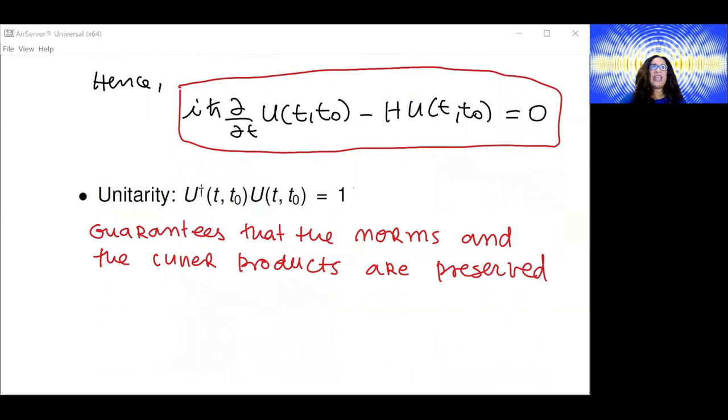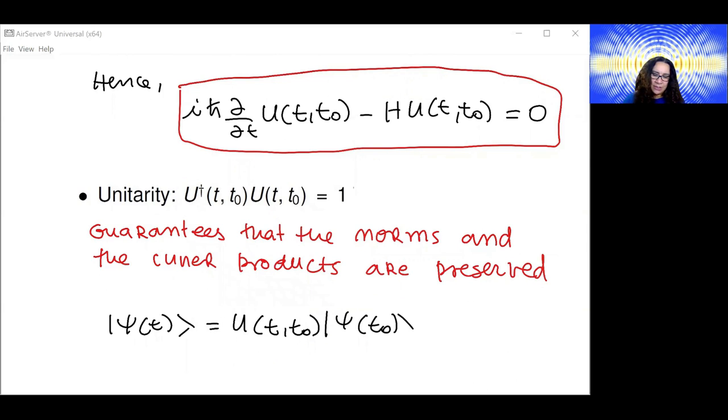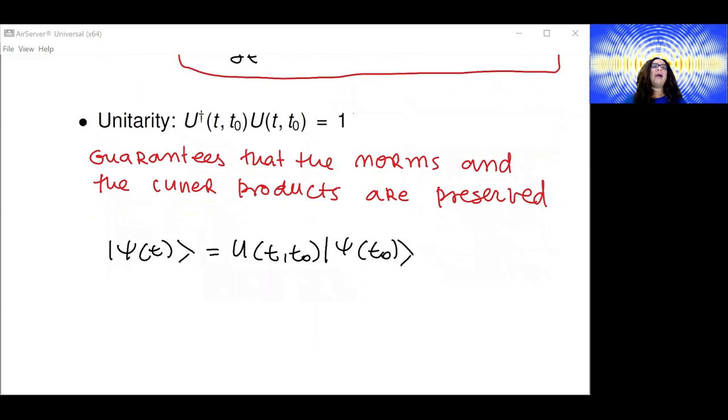But let's check. So we're going to write a ket |psi(t)>, which was evolved using the time evolution operator U from t0 to t, and originally we had |psi(t0)>. Now, how about the associated bra? What does it give me?